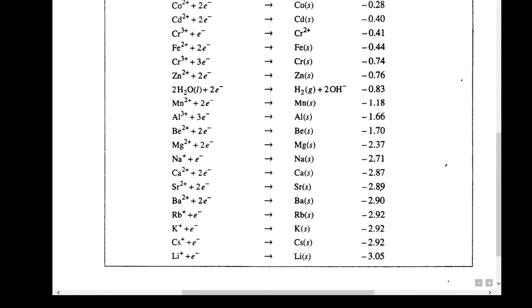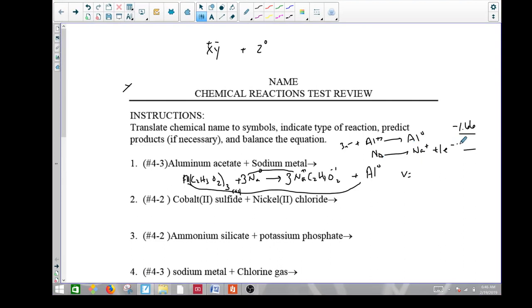Now that one's got to get flipped because this is a reduction. Positive 2.71, and of course you can add those together and you're going to get a positive voltage, and therefore yes, it will run.